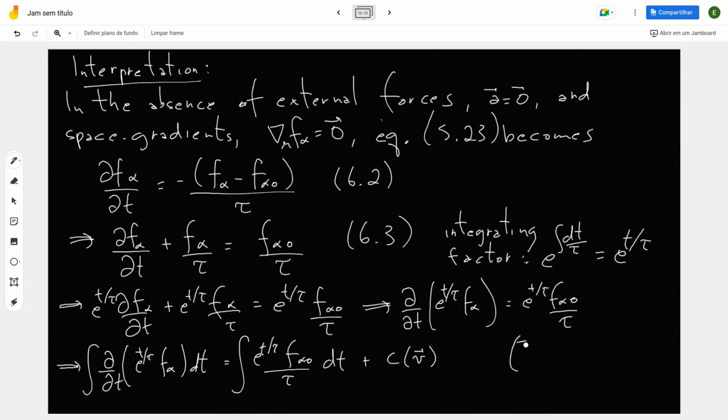So remember this. Why is it not a function of space? Because we're considering that we don't have spatial gradients. We are in a homogeneous plasma. Okay, so the integrating constant will actually be a function of v. If you derive this expression with t, then it goes away.